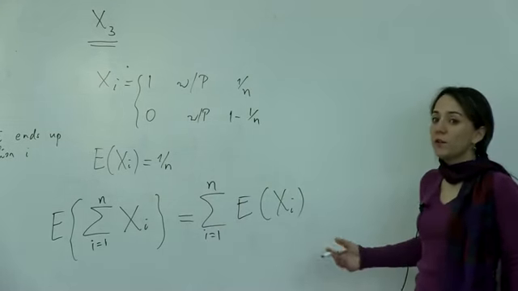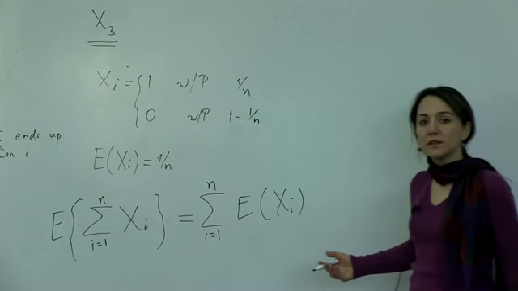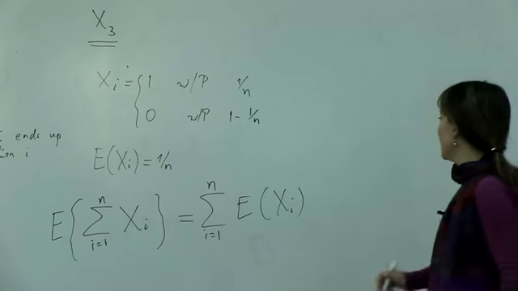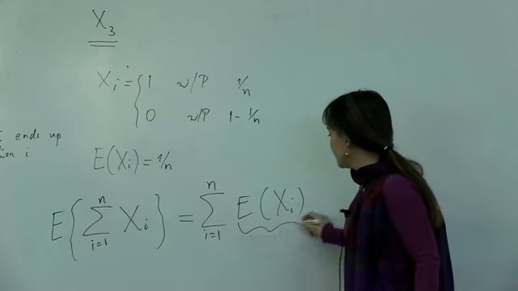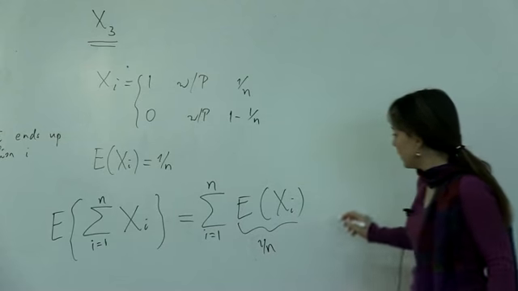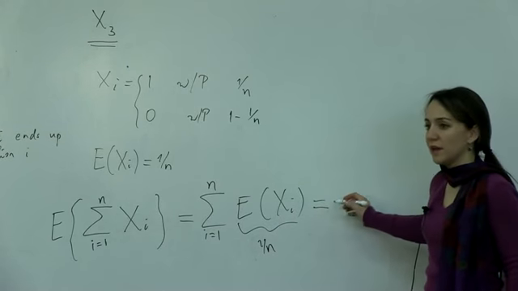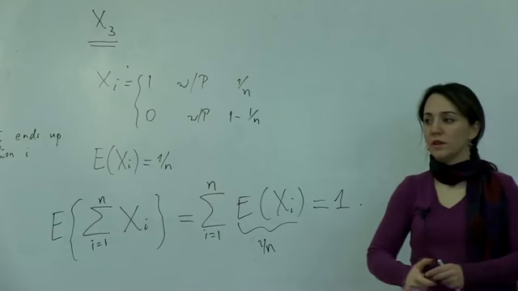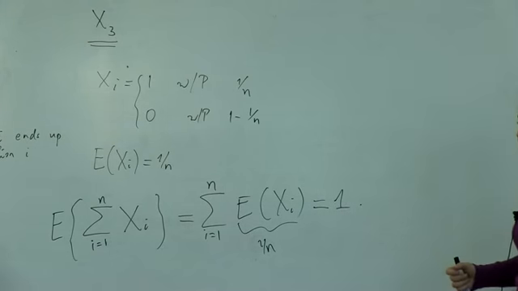Any question? For each i, the expectation is 1 over n. So this sum is n times 1 over n, which is 1. Are there any questions?